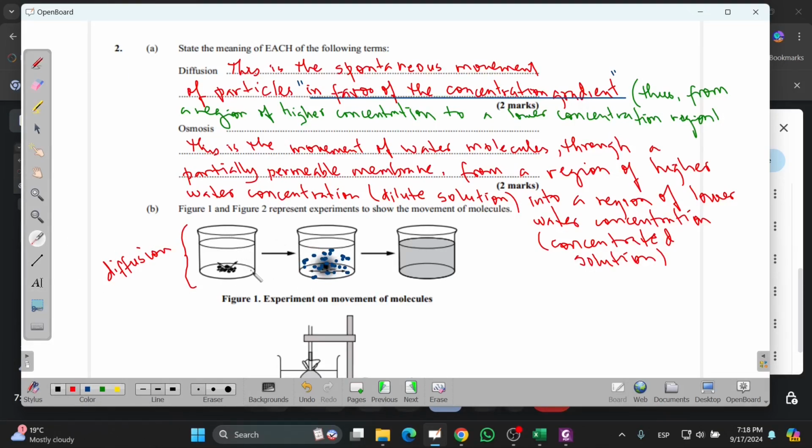Diffusion may happen of a liquid in a liquid, a solid in a liquid, right? Let's say a gas in a gas or in a liquid, right? Provided that particles will be moving from a region of higher concentration into a lower concentration until the concentration is even, is homogeneous, right? All right.